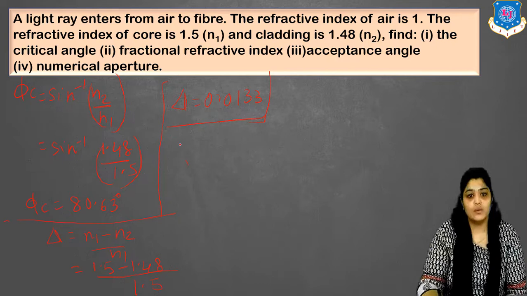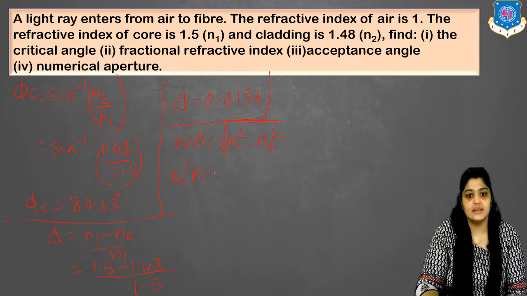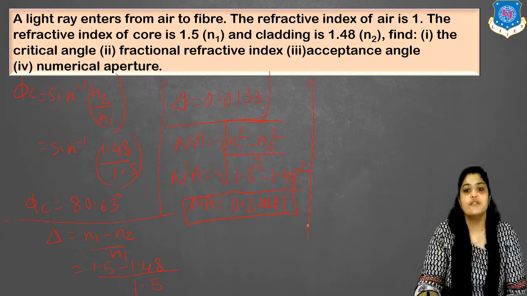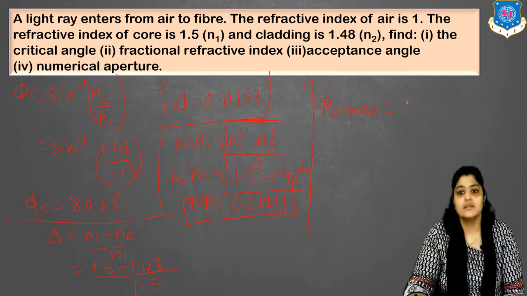Then next we find out the value of NA. So NA is equal to the square root of n1 square minus n2 square. So this is written as NA is equal to 1.5 square minus 1.48 square. So the value of NA we get is 0.2441. And lastly, we have phi in max, that is equal to sine inverse of NA.